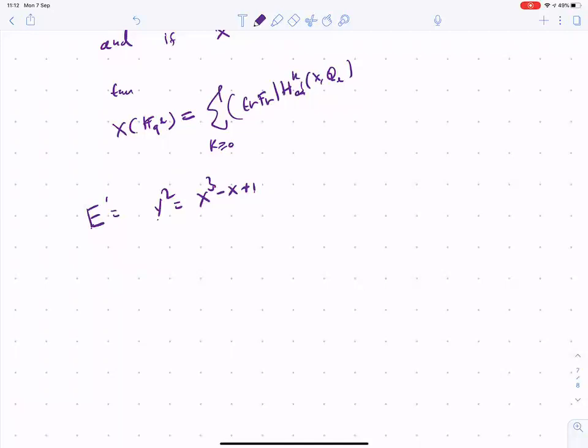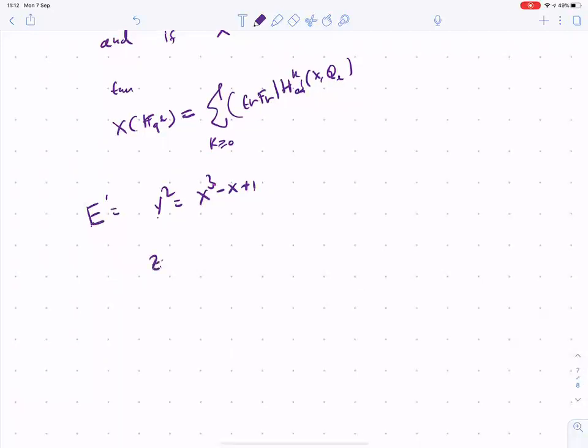And we can compactify it by taking the projective variety z y squared equals x cubed minus z squared x plus z cubed.